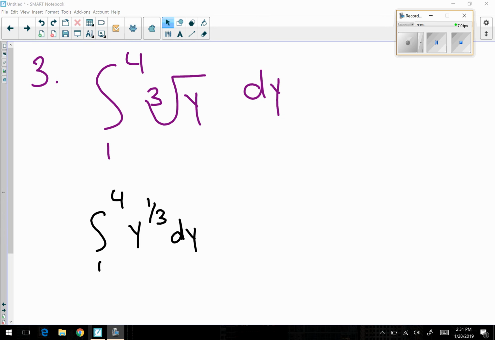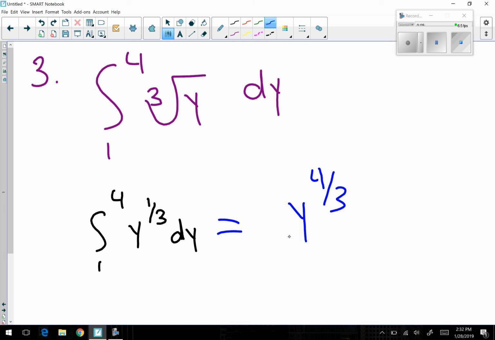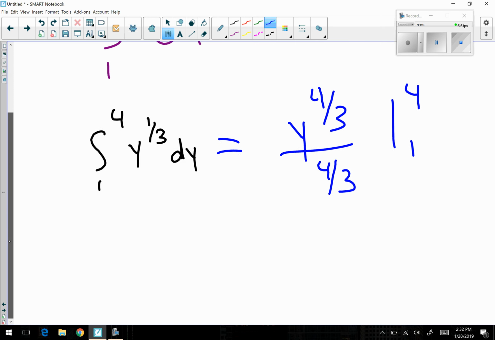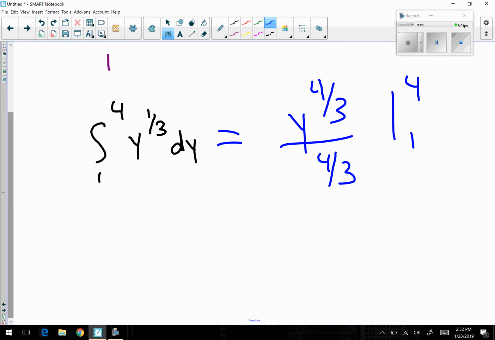So this is number 3. We are integrating from 1 to 4 of cube root of y, but we can rewrite it as an exponent. And so to integrate this, we get y to the 1/3, we add 1, so we get y to the 4/3 all over the 4/3, and we're evaluating this from 1 to 4. And so since we're evaluating, we'd rather write it in radical form.